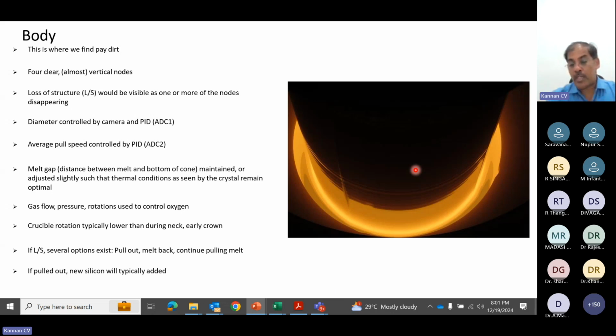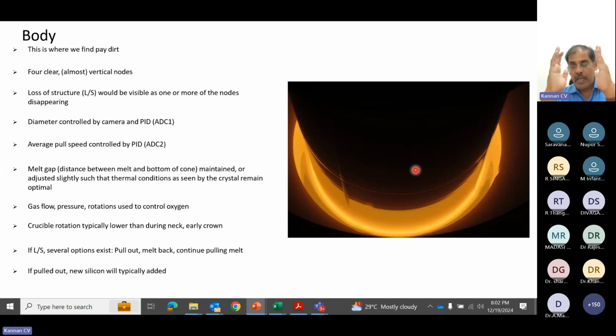So it was a manual process, but in the last maybe 10 years, the industry set up cameras. An automatic camera can detect the diameter, with automatic diameter control. The camera will see the diameter of the grown crystal through different cameras.